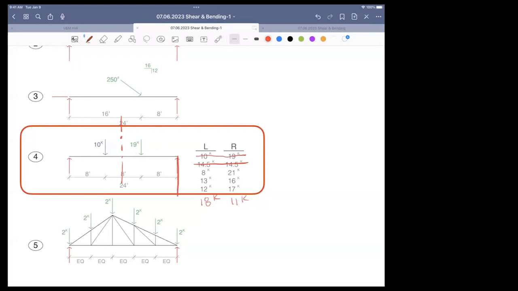Therefore, I'm concluding that the right side is bigger than the left. Any answer that says left is bigger should be out. And the sum of the reactions should be 29, correct? 10 plus 19. So if you have answers that don't add up to 29, they should be out. I think this is too much difference between the two answers. I'm left with 2. So can we get an answer quickly?